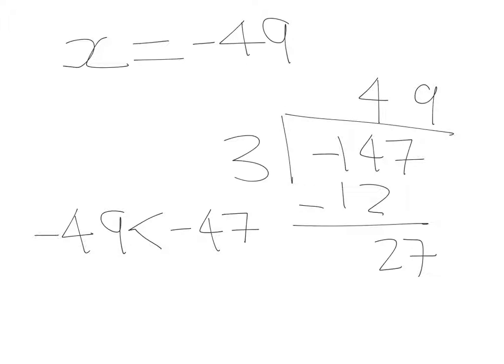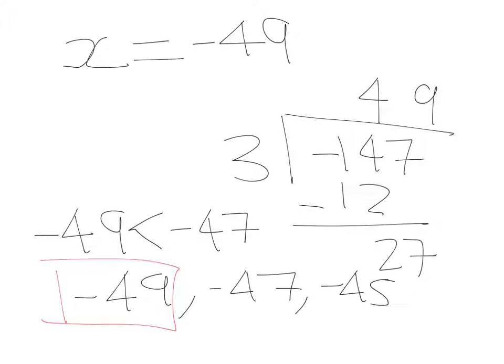So the three consecutive numbers would be negative 49, negative 47, and negative 45. The question said find the smallest of the three numbers, which would be negative 49. So this question's answer is x equals negative 49.